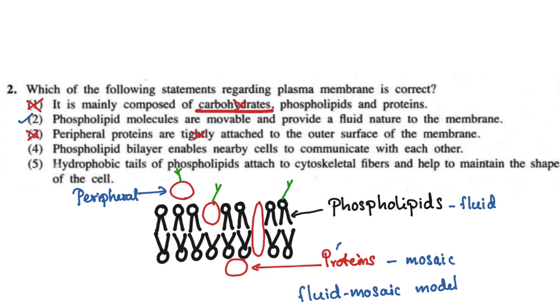Then 4: phospholipid bilayer enables nearby cells to communicate with each other. This communication is done by proteins and also polysaccharide molecules. Proteins embedded in this plasma membrane help to identify the cell and enable the cells to communicate with each other.